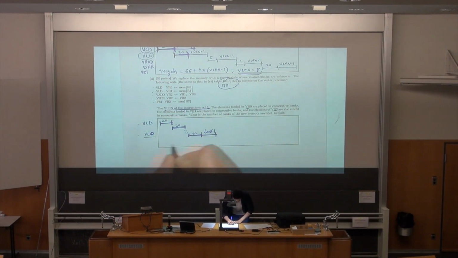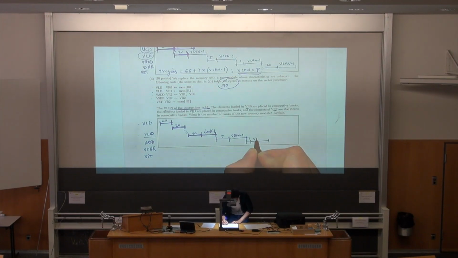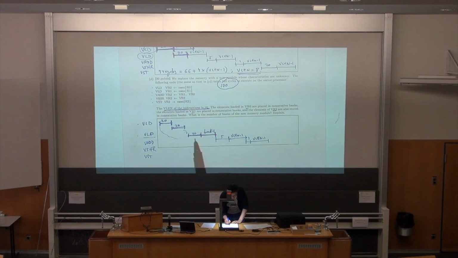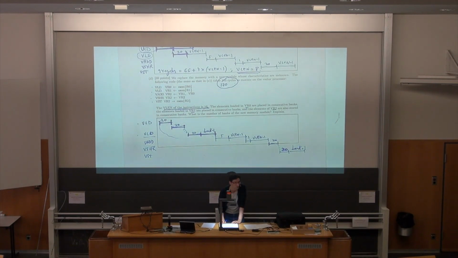Then we have the vector add, shift right, and vector store. This is same as before, 5 plus (VLEN - 1), 1 plus (VLEN - 1), and then we have the vector store, which is going to be something similar to what we have here. So this is going to be 20, and then more accesses to bank 0, and finally banks minus 1 more cycles.